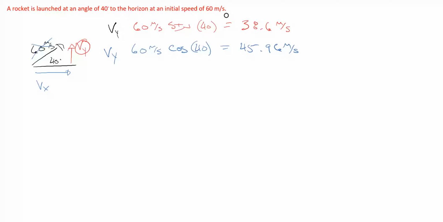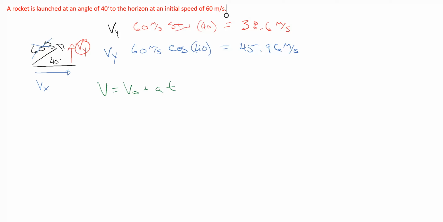Next, we need to solve for the total time the object is in the air. In order to do that, we're going to break it down into two parts. Just like in one-dimensional motion, the time it takes to go up is the same as it takes to go down. So to solve for the time it takes to go up, we use our equation v equals v naught plus acceleration times time.